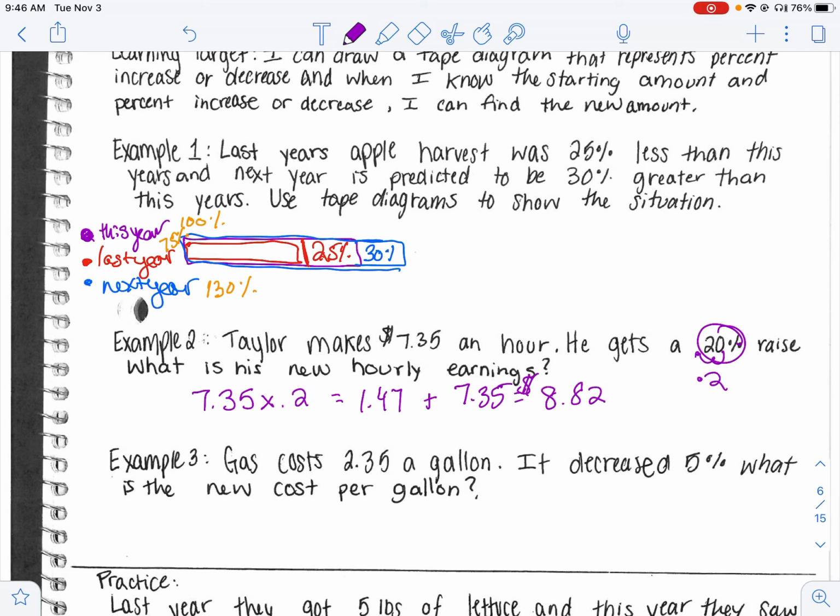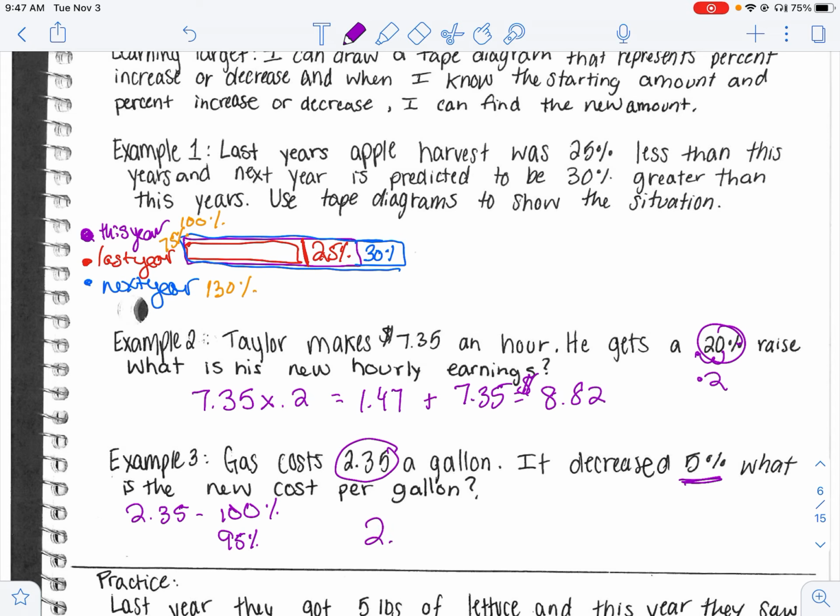For the next example, it says gas costs $2.35. It decreased 5%. What is the new cost per gallon? I'm going to show you a different way to do this as well as the first way. So if $2.35 was the original, that's 100%. We now are taking 5% less than that, so that would be 95%.